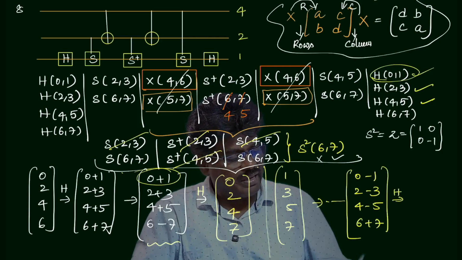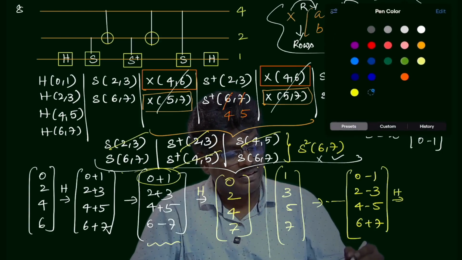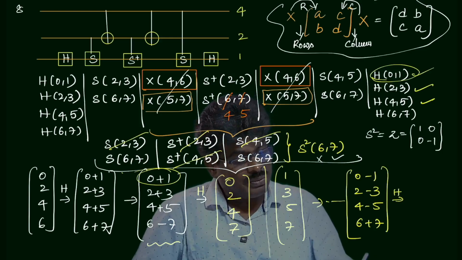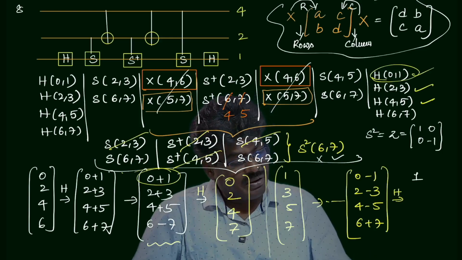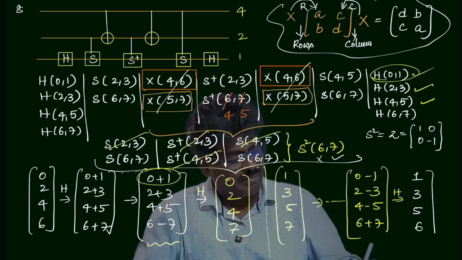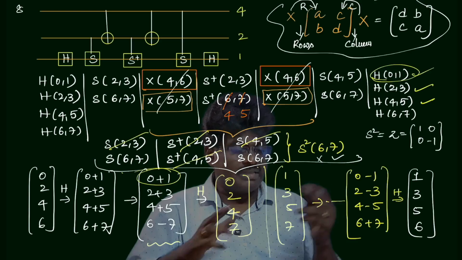Now you are applying a Hadamard on this. So 0 minus 1, on, which one is on? 1. 2 minus 3, on, 3. 4 minus 5, on, 5. 6 plus 7, off, 6. That's it.